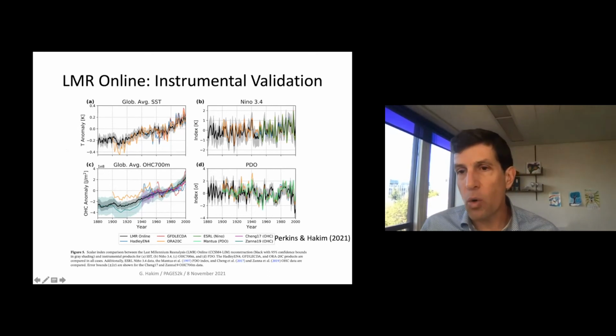It's a critical quantity for many questions in climate science. And the online LMR, given here in the black line, compares quite well with a lot of these instrumental products, which actually diverge getting back into the early part of the 20th century. But we know the one that we agree with best is Zanna 2019, which is perhaps the most robust estimate of that quantity.